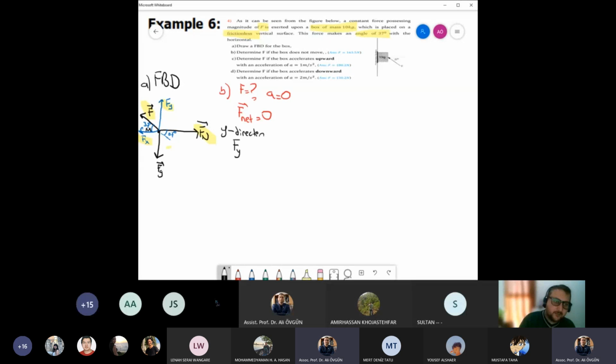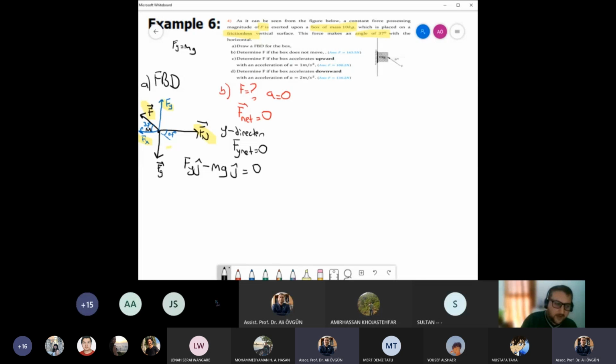So for the y direction, Fy net equals 0. So what are the forces in the y direction? Fy j hat minus Fg. What is the Fg? We know that Fg is equal to mg, mg j hat, because Fg is equal to mg as a magnitude, equal to 0.